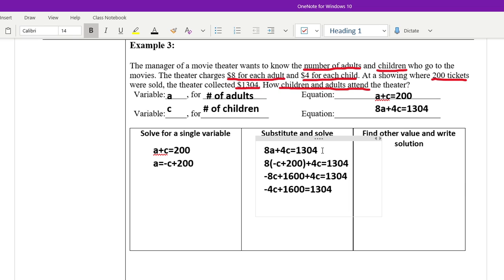I'll subtract 1,600 from both sides. And now I actually do the solving methods, which is divide both sides by the negative 4, which will give me C equals a positive 74. So what this is saying is that we had a total of 74 children at the movies.